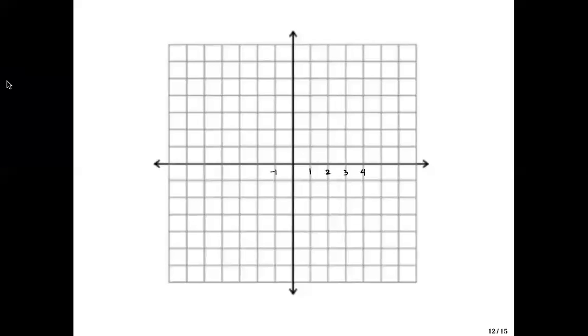Here we have negative 1, negative 2, negative 3, negative 4. Maybe I'll put negative 5 in here. For the y-axis, we have negative 1 through negative 5. And then up here, we have positive 1, 2, 3, 4, 5. Let's put 6 in here.